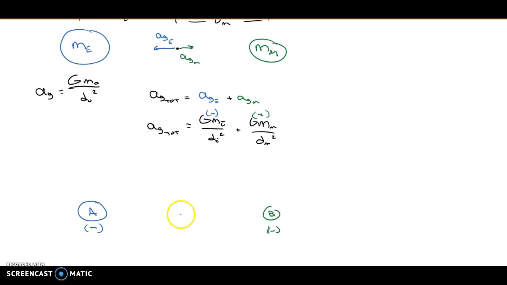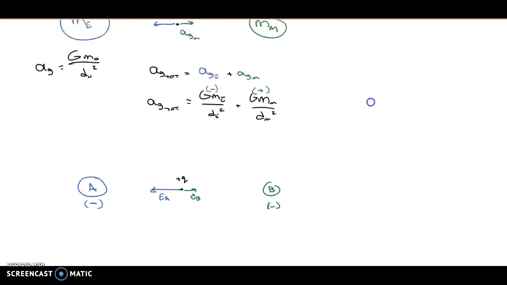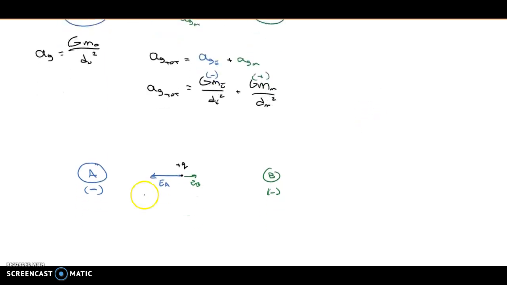Then any charge placed in the middle, call it a test charge, positive Q, would feel a field from A, and we'll assume A is larger. There's the field of A, and a field from B, and the total field, E total, would again just be the sum of the field of A plus the field of B.